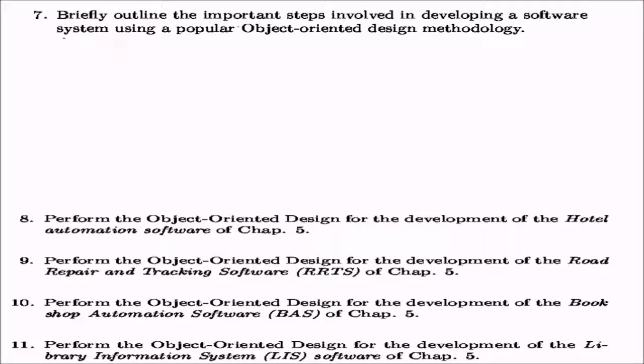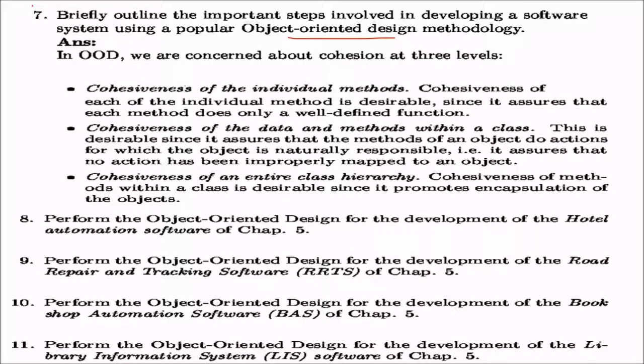Now, briefly outline the important steps involved in developing a software system using a popular object-oriented design methodology. It would be like this: in object-oriented design, we are concerned with cohesion at three levels. First, cohesiveness of the individual methods in the class.